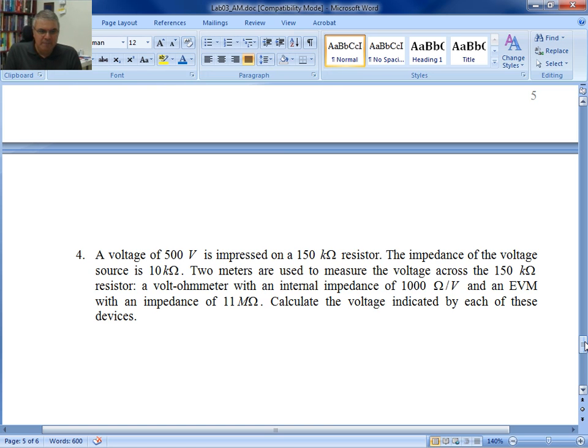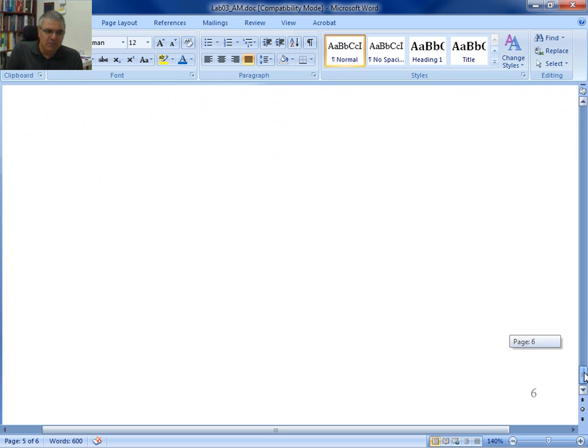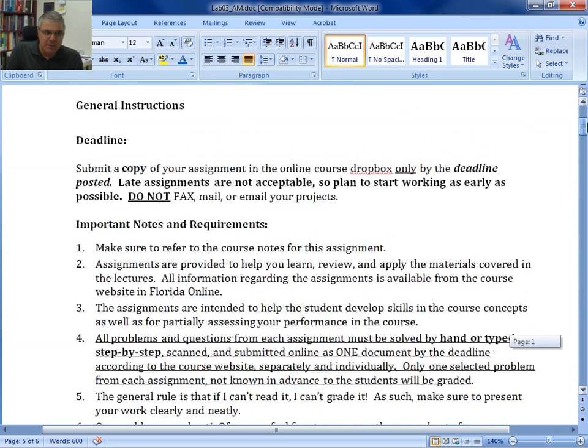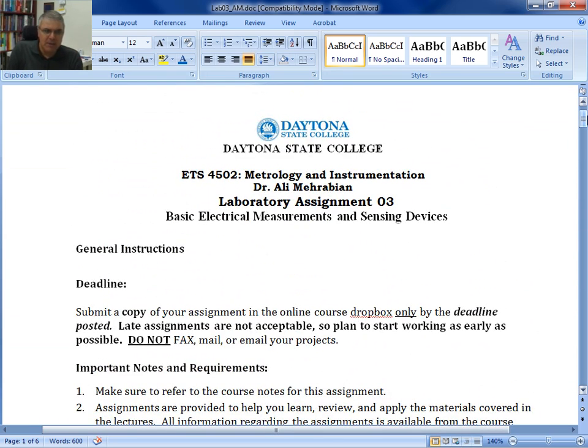There is a very similar problem in the book that I also solved in the related lecture for this particular course note that is associated with this lab. So make sure you watch that particular lecture. That's really the 4 problems of this laboratory assignment.